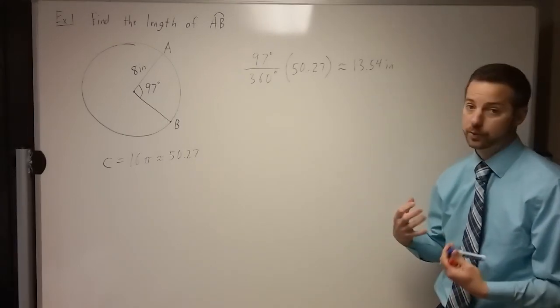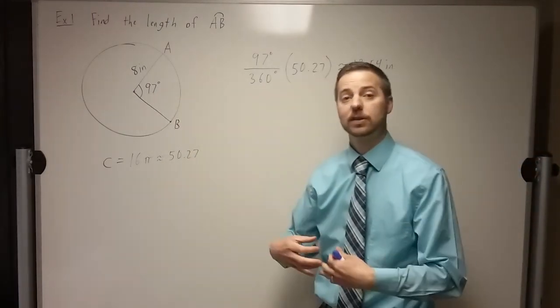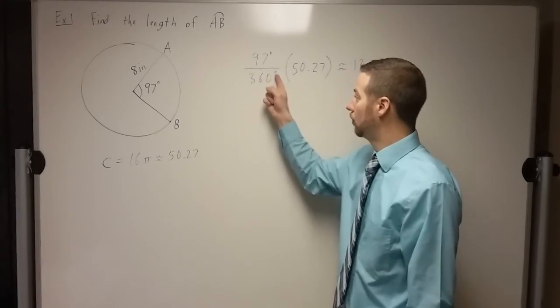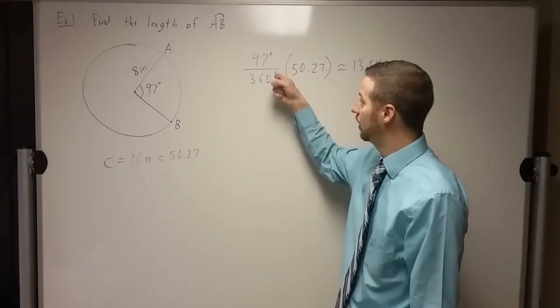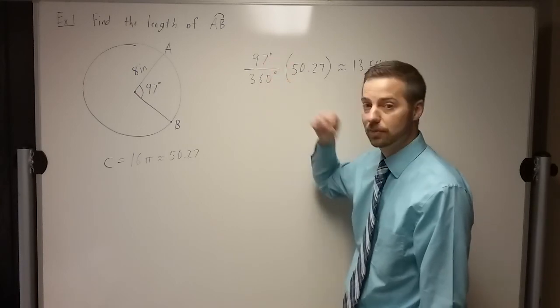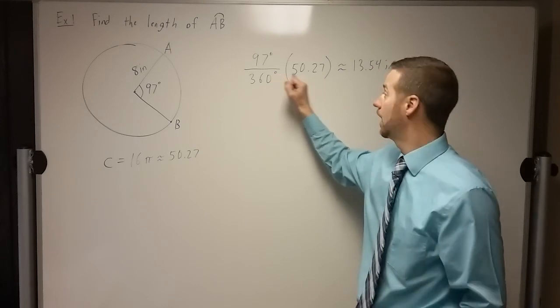If we knew a fraction of it, we would just take that fraction of the circumference. If we know how much of the circle we're using in degrees, we basically make it a fraction, because it's always out of 360 for the whole circle. So we take that fraction, or that degree measure, out of 360 to make it a fraction, and take that fraction of, or in other words, multiply by the circumference.